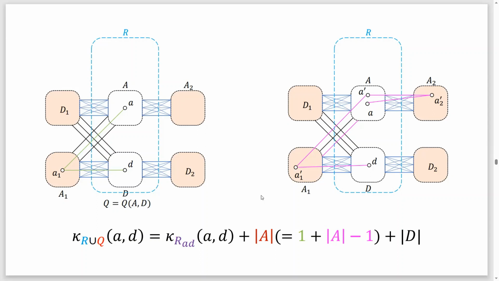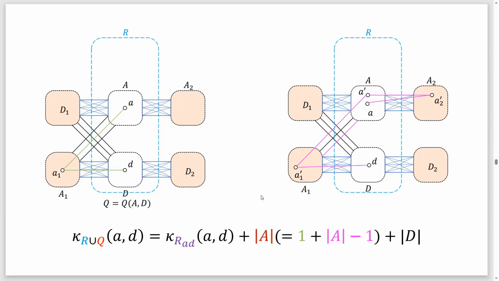Actually, we can have an extra path that from a goes to A2 prime and then to A prime, then to the duplication A1 prime in the set big A1, and finally to D.